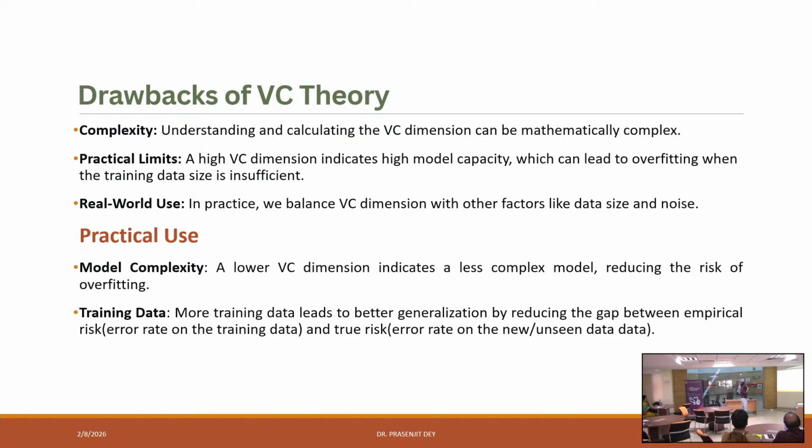So a lower VC dimension indicates a less complex model, reducing the risk of overfitting. In that case, more training data leads to better generalization by reducing the gap between the empirical error and the true error. Now what is empirical error? In any machine learning model, we first train our model with the training data, and later we test our model with the test data.